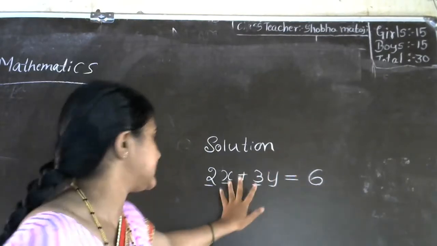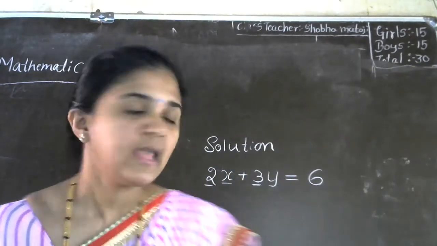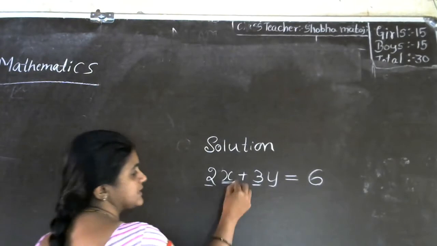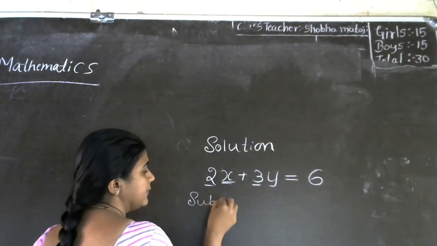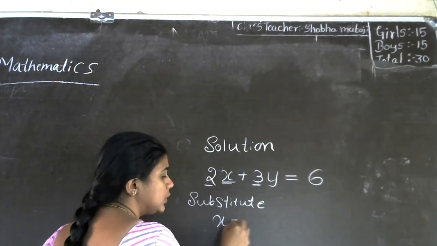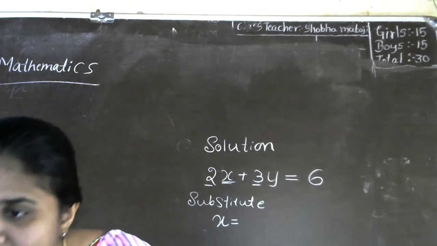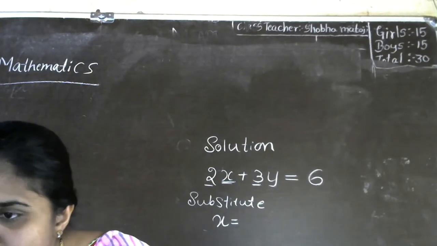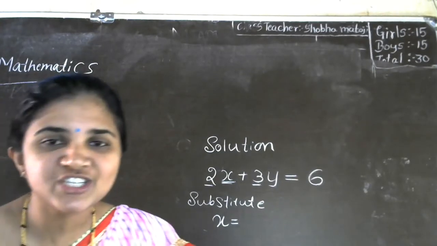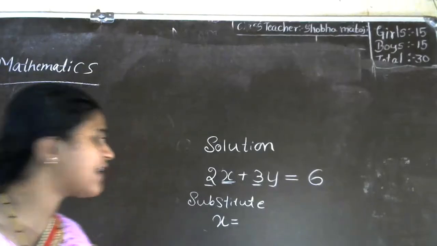Now x and y, we are discussing the solution. First, substitute x equal to... can anyone give the answer for this question? Yes, we'll talk with Shri Harsha. Shri Harsha? Yes, Mataji. Can you give the solution for 2x + 3y = 6?